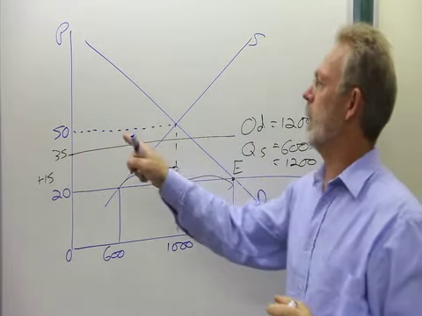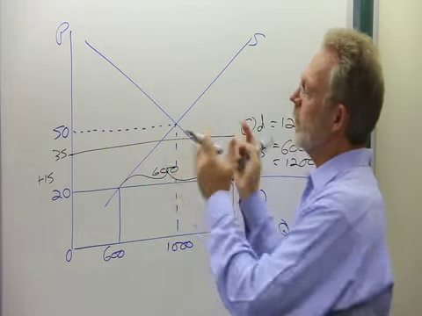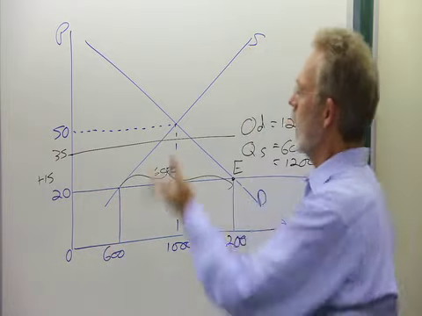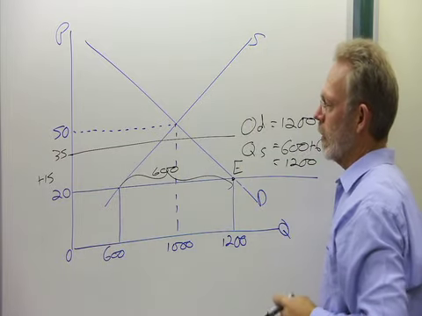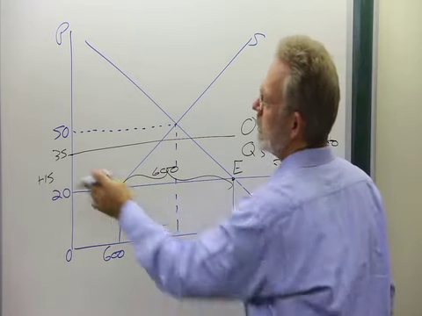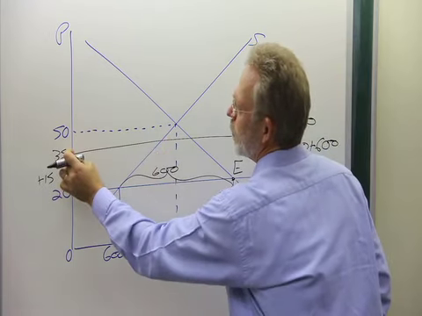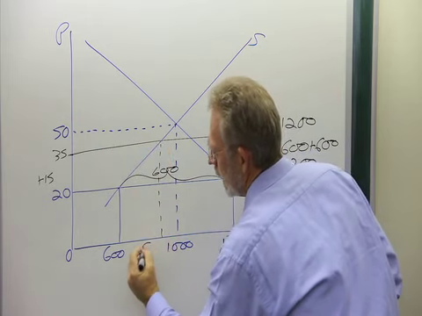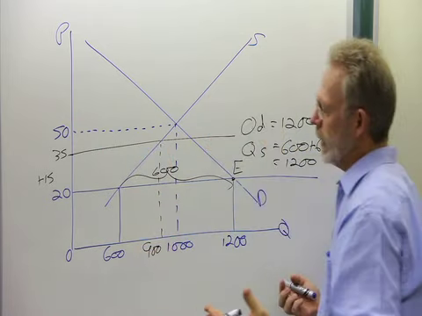And we can do the same exercise. What is the effect of this price of 35 on local production? And then we're also going to have a look at the effect on consumption. Firstly, then the supply curve, the price of 35, local production increases to, say, 900.